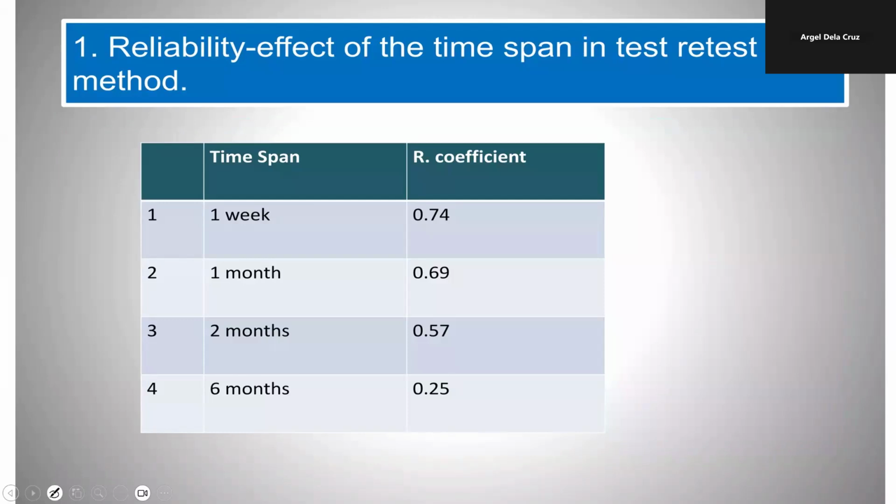I tested you with a quiz from, let's say, an actual demonstration performance from week 1, and then I compare it again after two months. So now, let's say, what's your score? If your score in the first week is 98%, and next month your score remains at 95%, I could say that there is a reliability of the instrument because the response is the same.